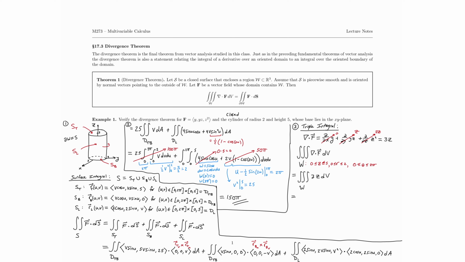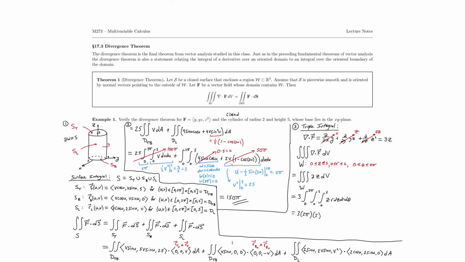So then, this is cylindrical, so factor out the 3, we'd have the integral from 0 to 2 pi, 0 to 2, 0 to 5, z, and dV is r dz dr d theta, which is equal to, there's no theta in here, so we're definitely going to end up having 3 times 2 pi.